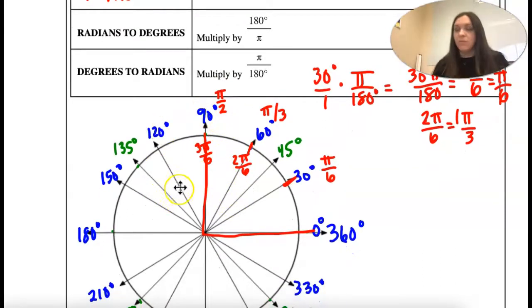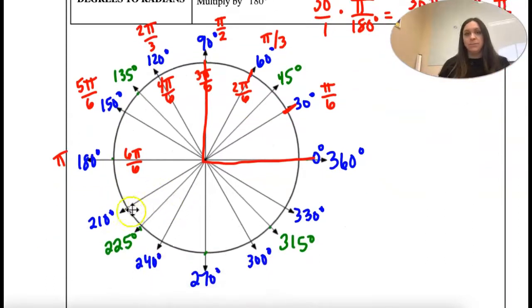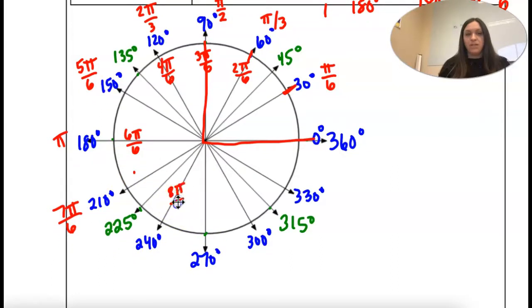We're just going to count all the way around. 4 pi over 6 reduces to 2 pi thirds. 5 pi over 6 cannot be reduced. 6 pi over 6 reduces to just pi. 7 pi over 6 cannot be reduced. 8 pi over 6 reduces to 4 pi over 3.